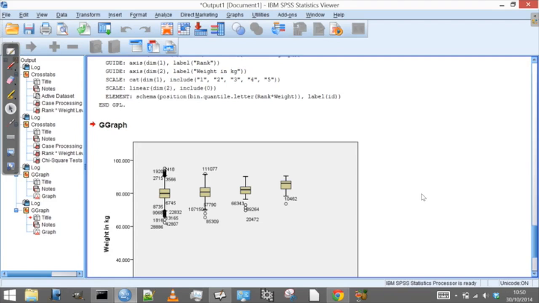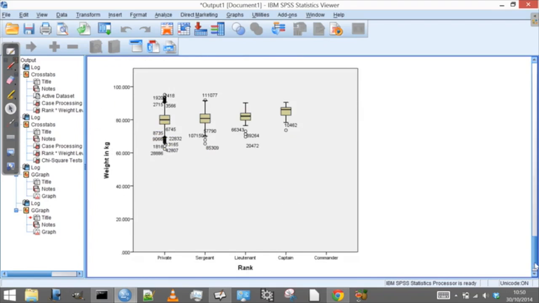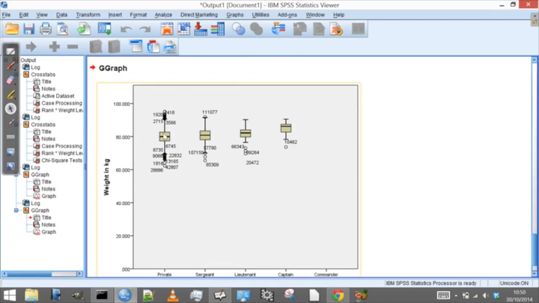However, what I do want us all to look at is this center line here. This center line represents the median value. So it's the middle value in this data. The median is often used when we don't have normally distributed data, rather than the mean. Sometimes it can be more descriptive.